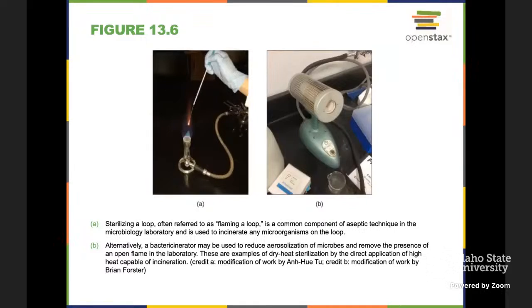As we look at this image, we're thinking about sterilizing, and in circumstances like with our inoculating loop, oftentimes we use a Bunsen burner.